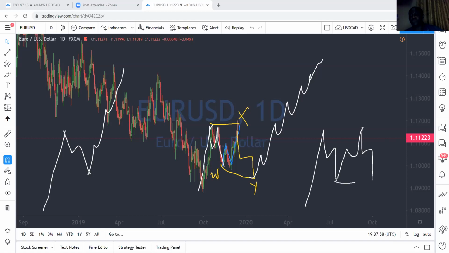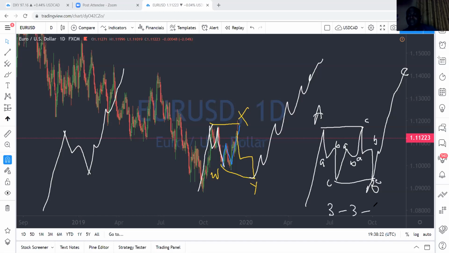So when you have this 1, 2, 3 down, that is when this pair is at equilibrium and it is justified to now move for continuation. This is where you now have what? Boom, to the upside. This becomes A, B, C. Because you have a three-wave move down, A, B, C, a three-wave move up, A, B, C, and a three-wave move down, A, B, C, you have a 3, 3, 3 structure.